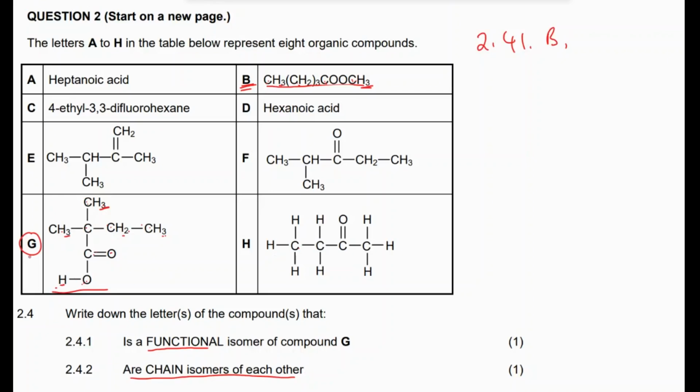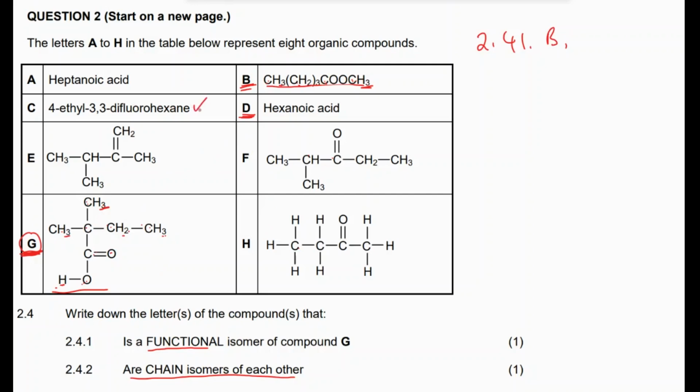All right, we said G is a carboxylic acid. Even D is a carboxylic acid, right? This is a ketone. 1, 2, 3, 4. 1, 2, 3, 4, 5. No, they're different, right? And then it should be D and G, which are carboxylic acids.